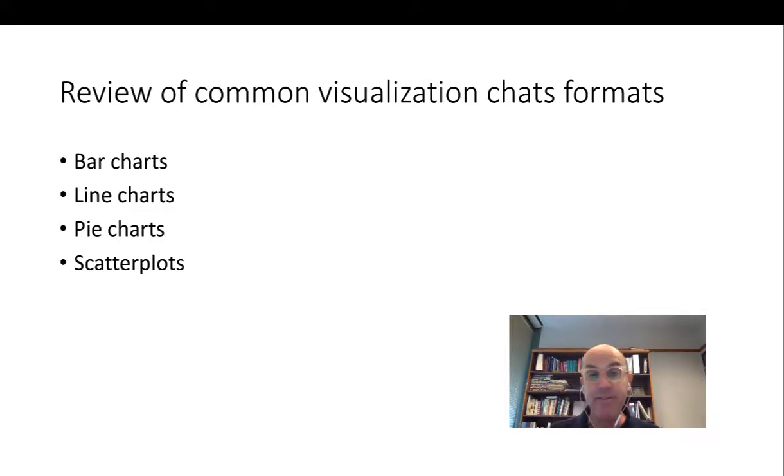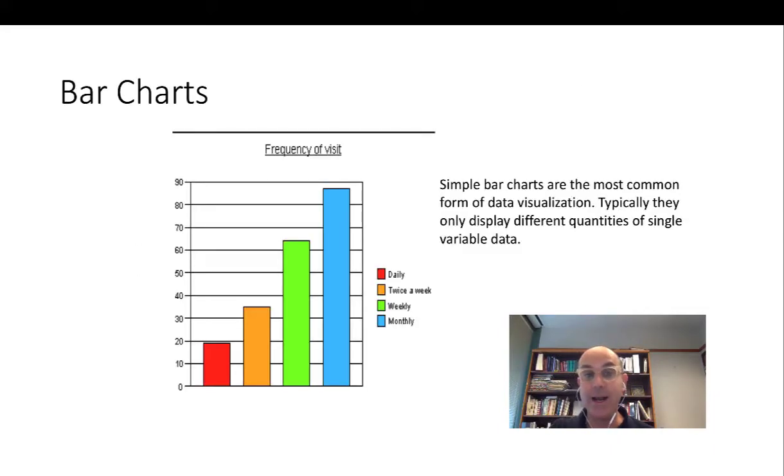Some of you are very familiar, some of you are not, but bar, line, pie, and scatter plots are the most common formats of visual analytics. Bar is the simplest way. It is the most common, and usually it allows us, and this is one of the things that is often discussed, to display single variable data.